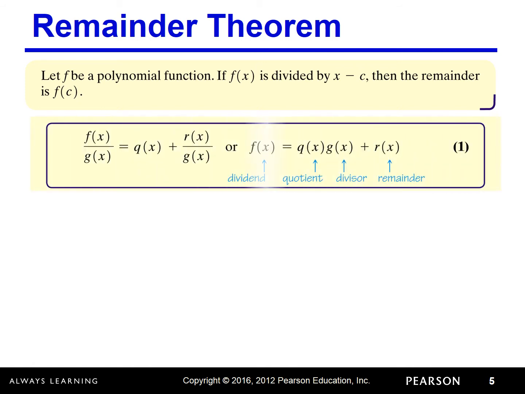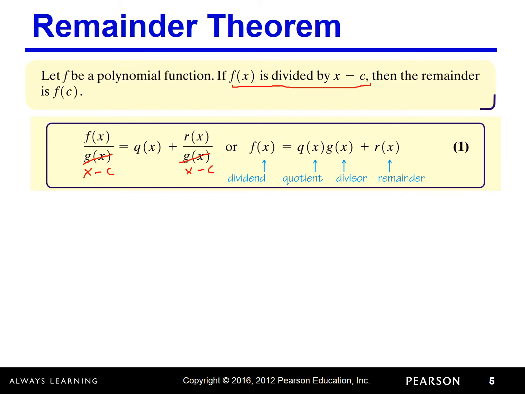Well, let's think about the division algorithm. In our hypothesis, f of x is divided by x minus c. So this g of x here is x minus c, and the remainder is f of c.